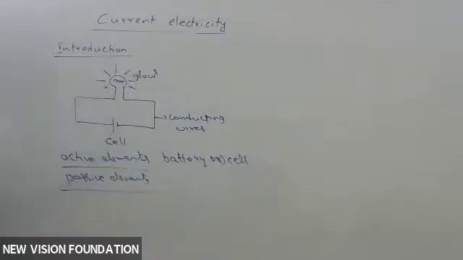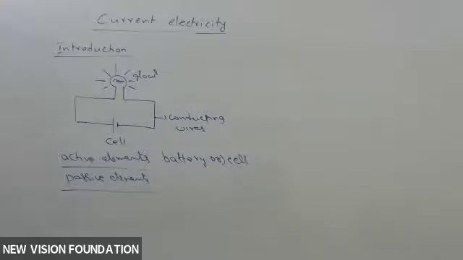As a result, this bulb gives light energy to us. So that is called a passive element. So an electrical circuit consists of two types of elements: active element and passive element.